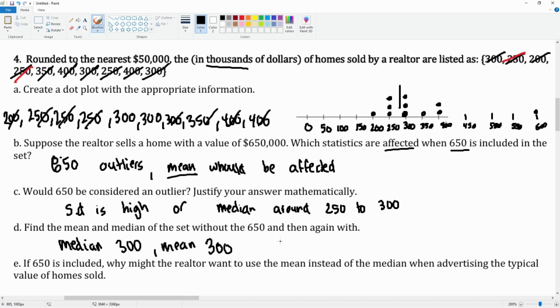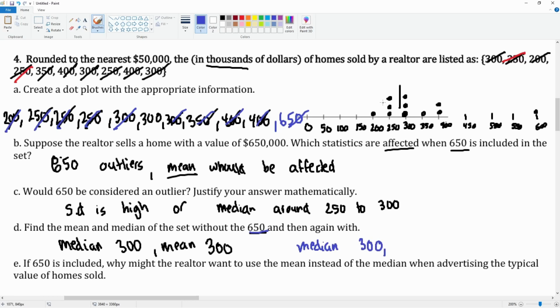Okay. All right, let's do this with the 650. I'm gonna make that in blue. All right, so if I add this 650 here, let's redo that. 1 2 3 4 5. Oh, the median is still 300.